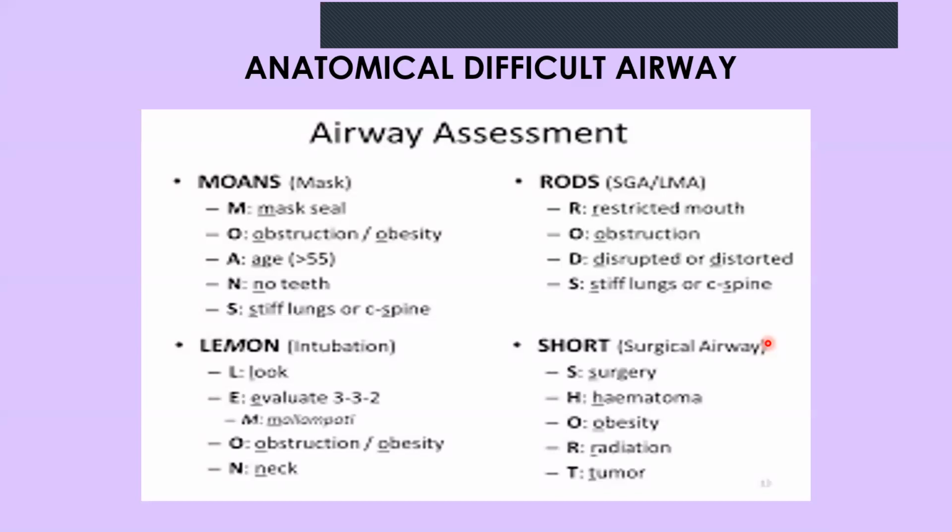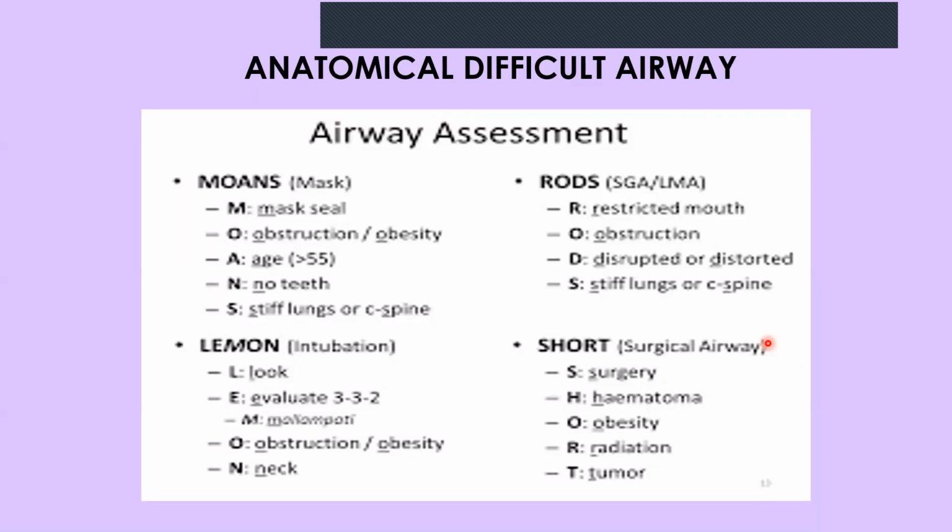So kalau you tengok one by one, step pada awal tu kan, you assess is there any possible difficulty masa you nak bagi BVM. So you remember lah, the first one is MOANS, you must seal. Patient ada janggut banyak sangat, patient yang elderly, cengkung, patient yang ada, contohnya, no teeth.